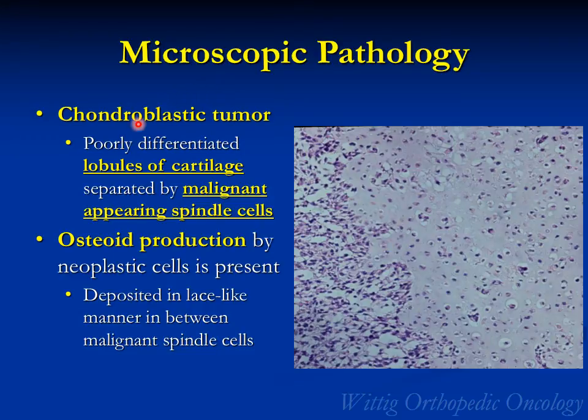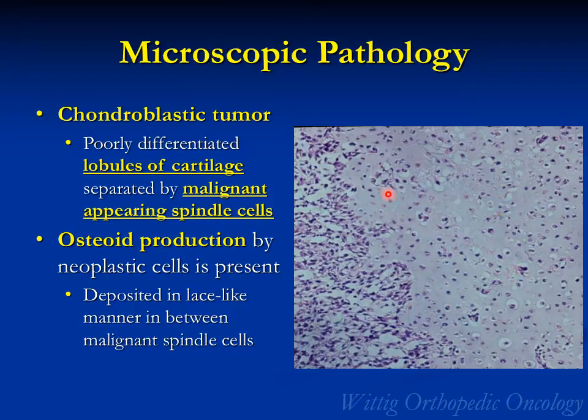Microscopic pathology demonstrates a chondroblastic tumor. You can see here lobules of poorly differentiated cartilage. There's hypercellularity. The cells are different sizes and shapes. There's sometimes multinucleated cells. There's perhaps some mitotic figures.